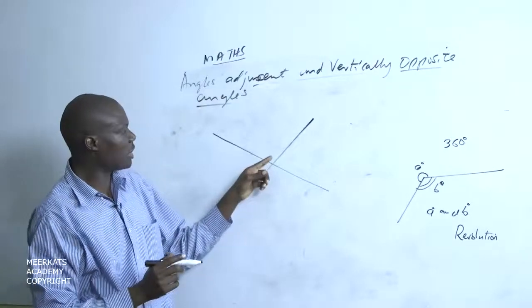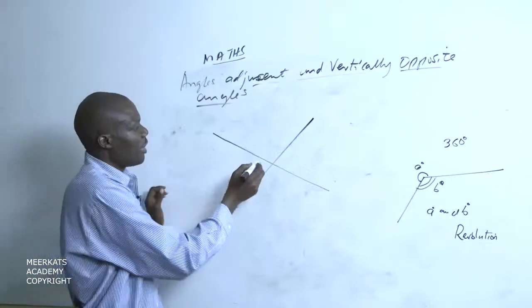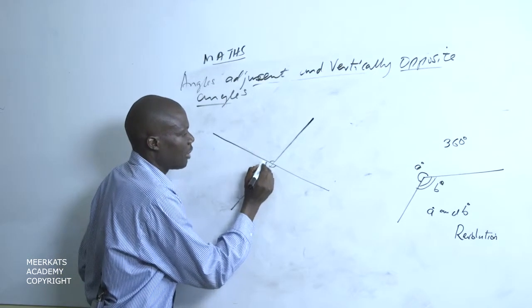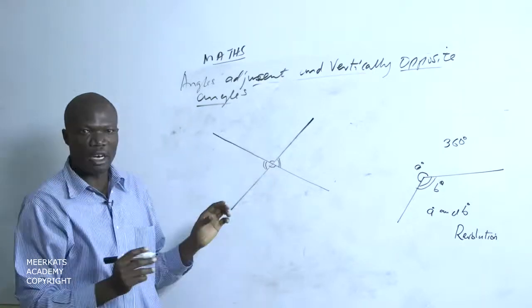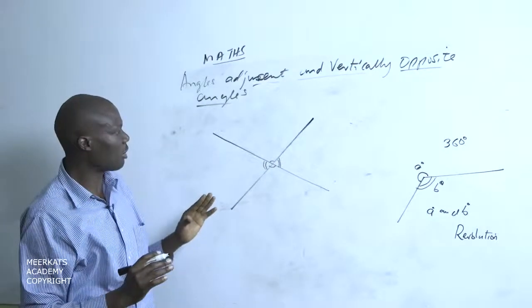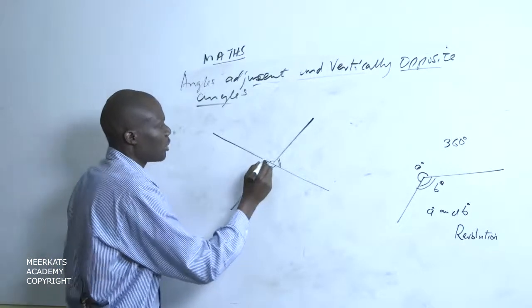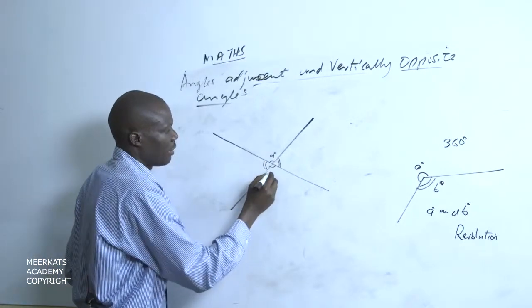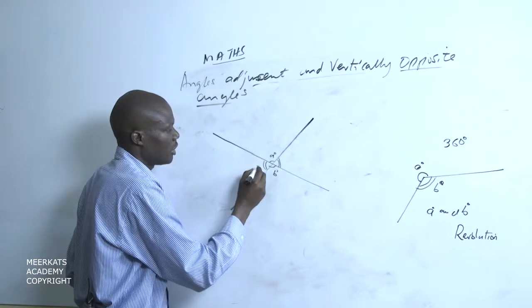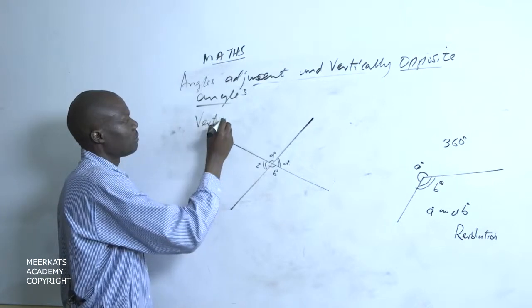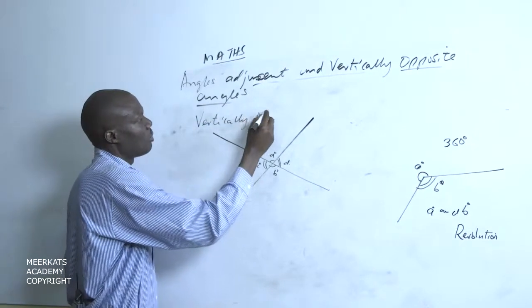We shall find that there are angles formed which are vertically opposite, and we normally say that vertically opposite angles are always equal. Like we have angle A here, and this is B, C, and D.